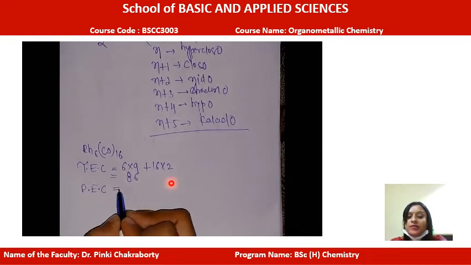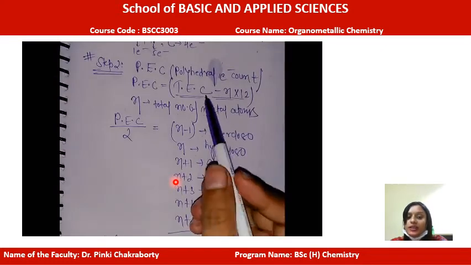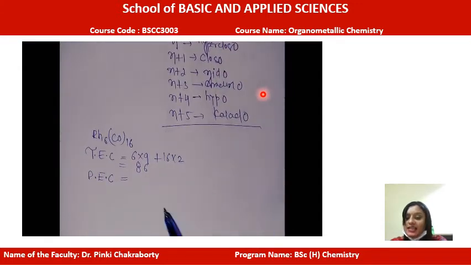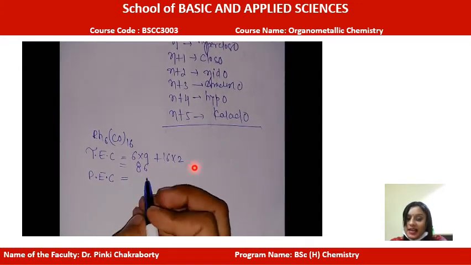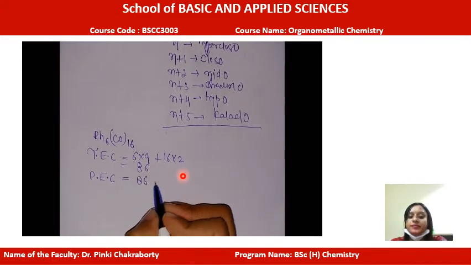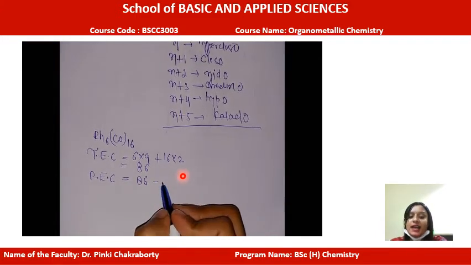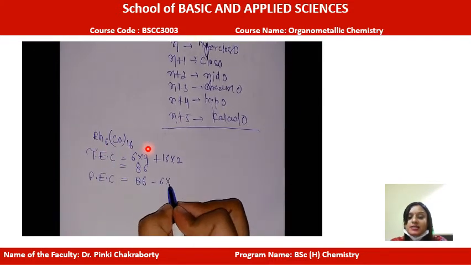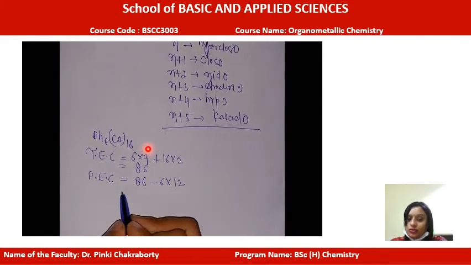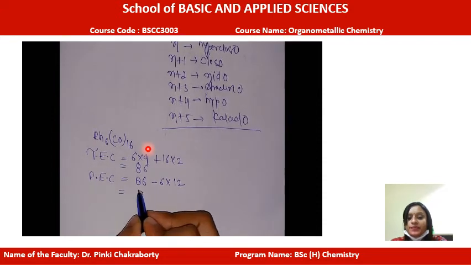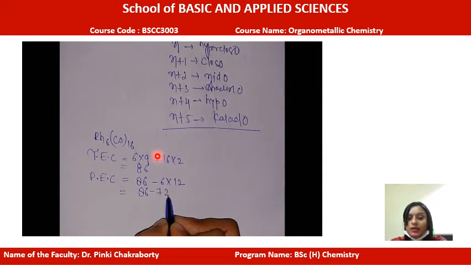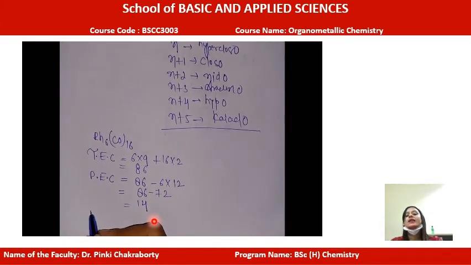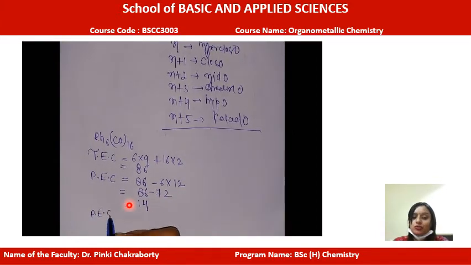Now when we need to calculate the polyhedral electron count, that will be total electron count minus n into 12. So that will be 86 minus n is 6, that is 6 metal atoms are there, so 6 into 12, which is 72. What is the number? 14. Now we have to do PEC by 2.